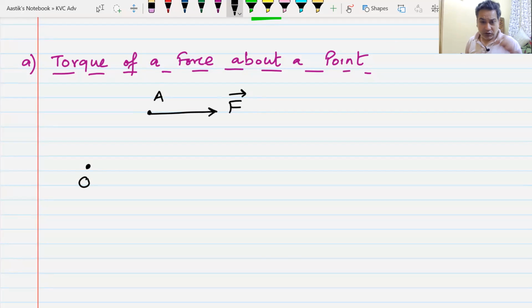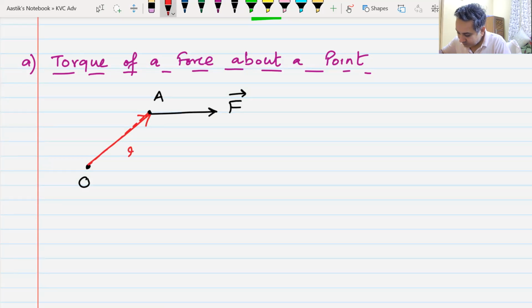Now, how do I find the torque of this force about this point? I draw a straight line joining this point with this. Basically, I draw a vector. This vector is known as R vector.